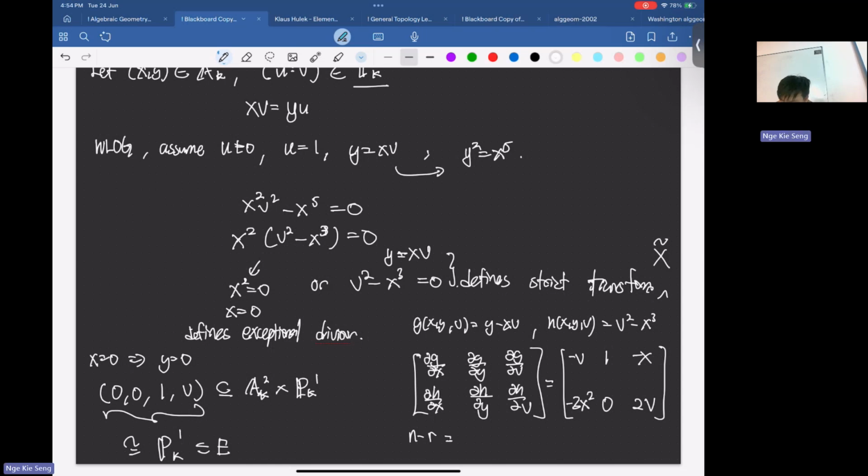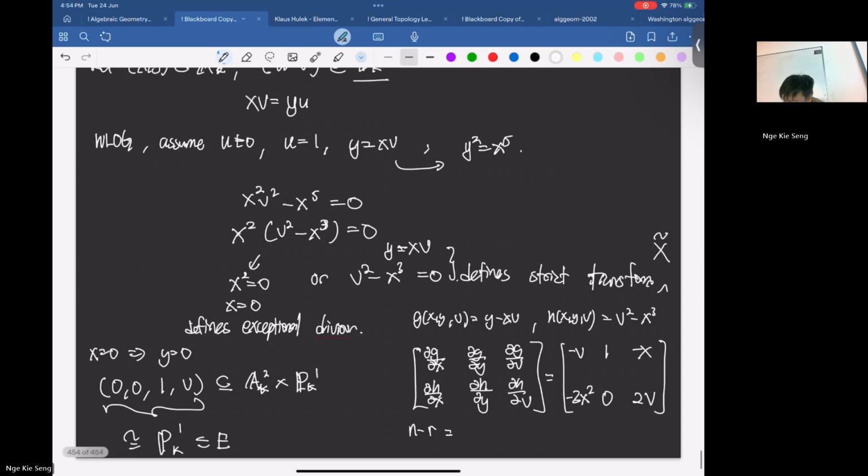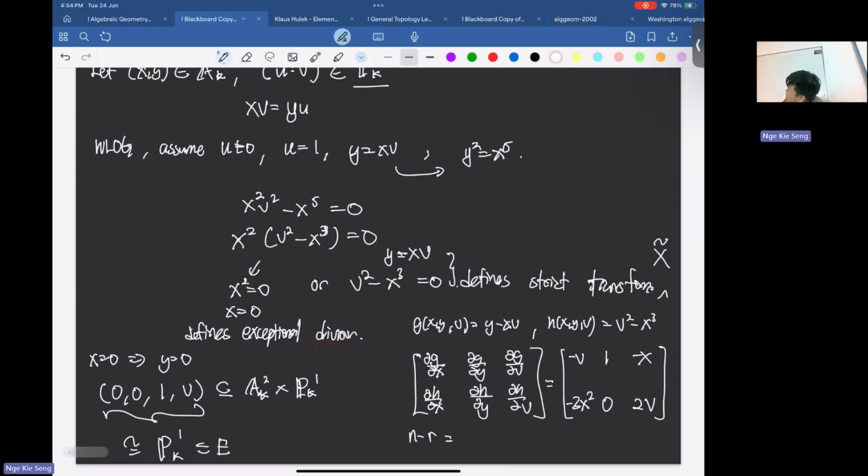So the dimension should be 3. When you take the product, you just add the dimensions. Dimension of A^n is n, dimension of P^1 is 1. So just add them together.